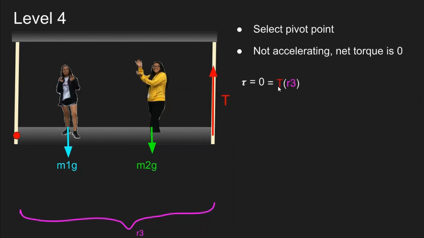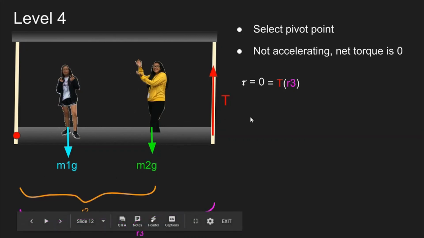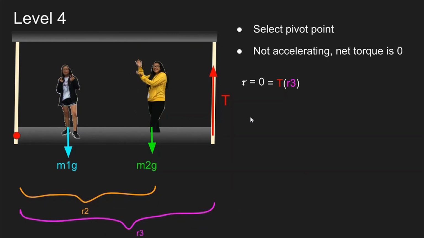So we have T times R3, and we're considering upward to be positive here. Next, Sam's distance from the pivot is R2, and since her weight points downward, it's negative M2G R2. Lastly, Tran is R1 away from the pivot point, so it's minus M1G times R1.